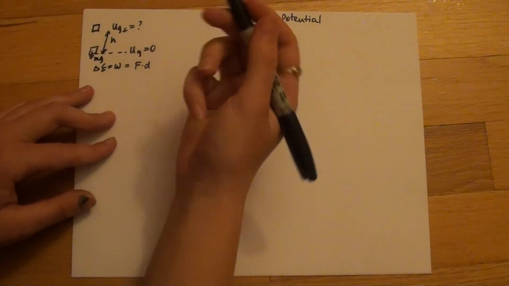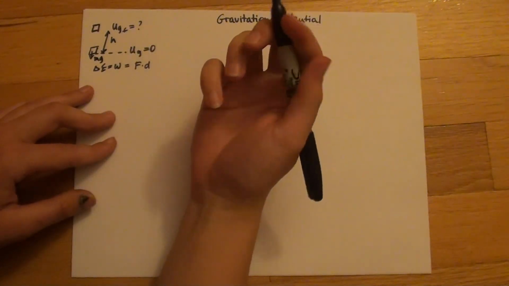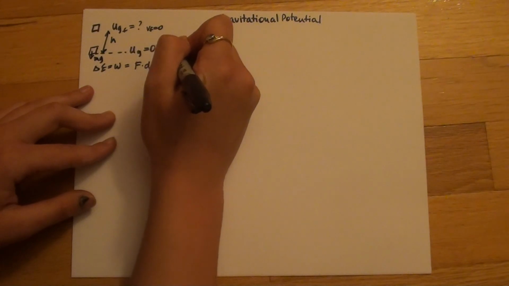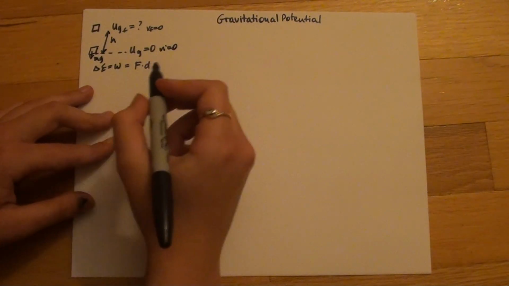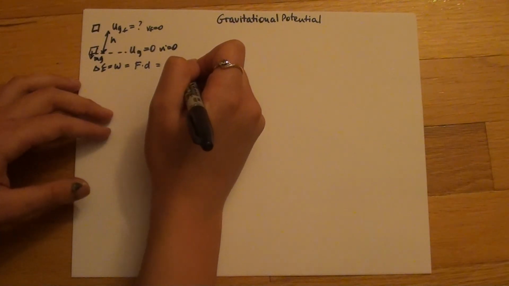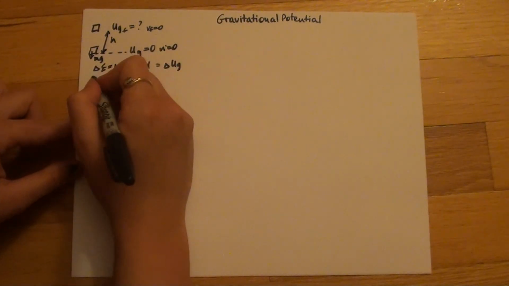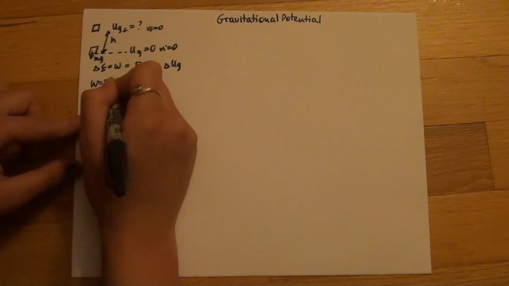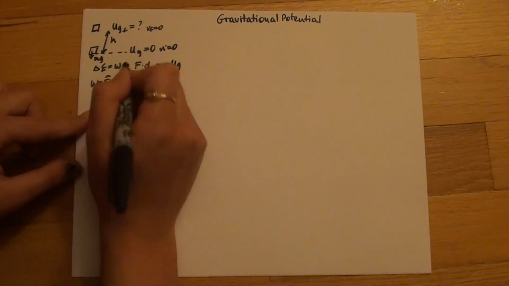Since we're not going to be dealing with kinetic energy here, we can just say that V final is equal to 0 and V initial is equal to 0. So the only change that occurs is the change in gravitational energy. Work equals force times distance, and this is actually a dot product because these are vector quantities.